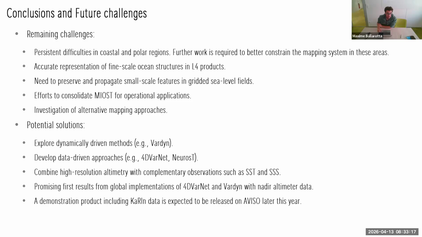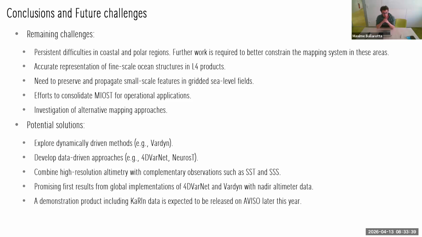Previously, the 4D Varnet and Vardin approach were done at regional scale. With the V01, there was a product over the North Atlantic region made available on the Aviso website.